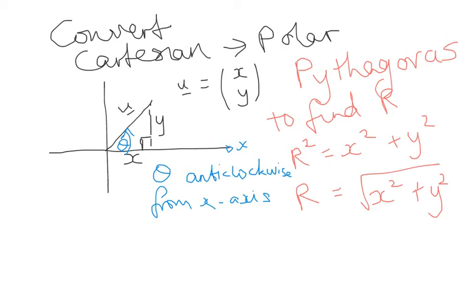So we can calculate theta using tan. Tan theta is opposite over adjacent, so tan theta is y over x. This means that theta is always the inverse tan of y over x. Always use these formulas to convert Cartesian to polar.